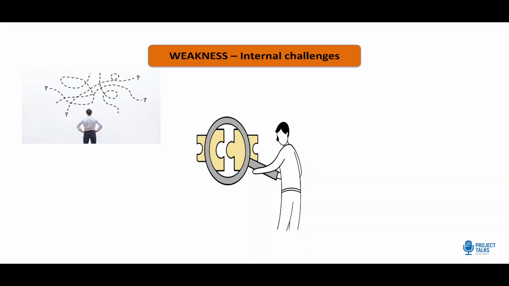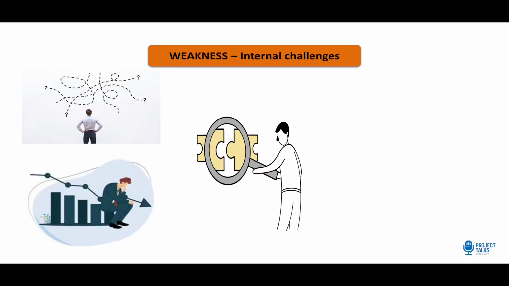It also means not a clear direction. If requirements aren't clear or the team isn't sure of the end goal, progress slows and the risk increases. It can also be about poor performance, maybe delays, low productivity, or even low morale in the team. Weaknesses like this can directly affect cost and schedule.